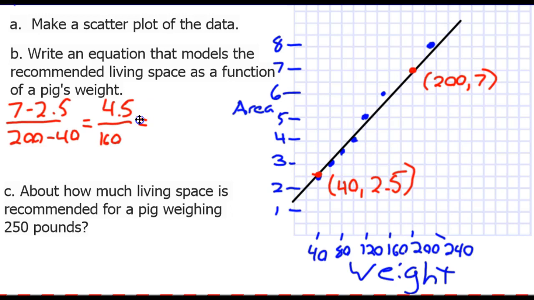So our slope is 4.5 over 160. Let's see if we can simplify that. That gives us about 0.03.